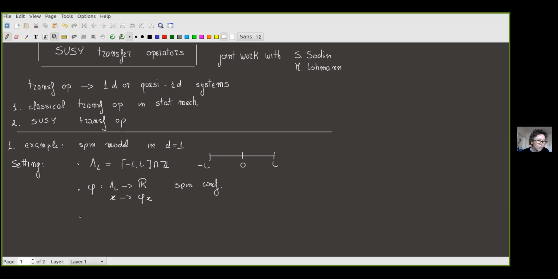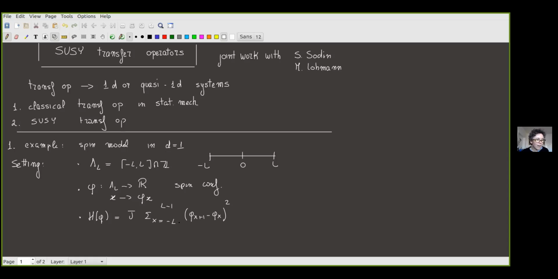And third, I define for each spin configuration an energy, which has a special form. I take first a sum of gradient squares. And since I'm in dimension 1, I can write explicitly the sum. I sum over all the pairs. So I sum from -L to L-1, (phi(x+1) - phi(x))^2.